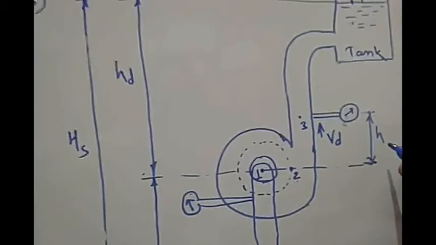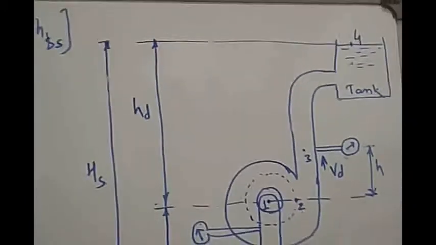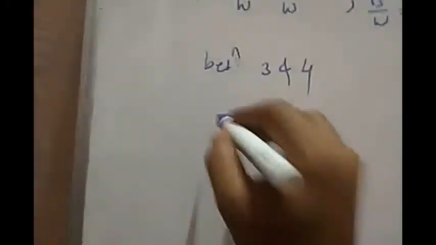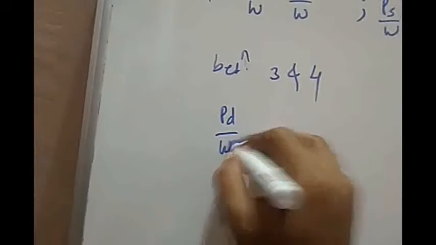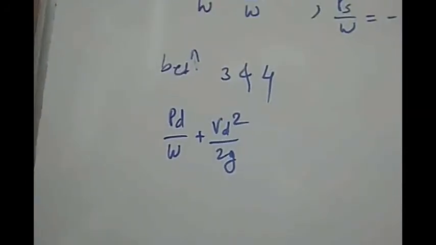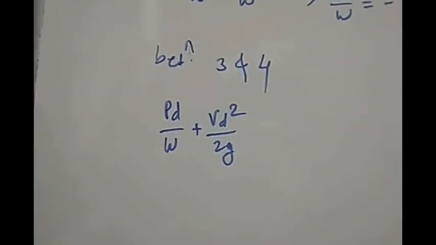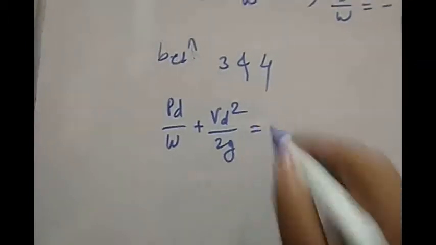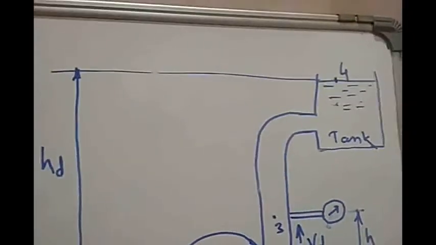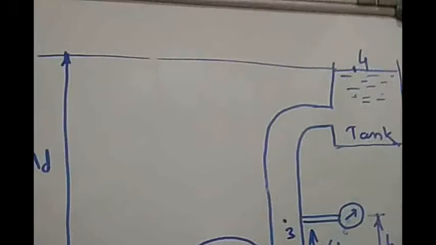The head at point number 3 is Pd by W plus Vd square by 2g, which is equal to the head at point number 4, where point number 4 is the liquid surface in the tank.